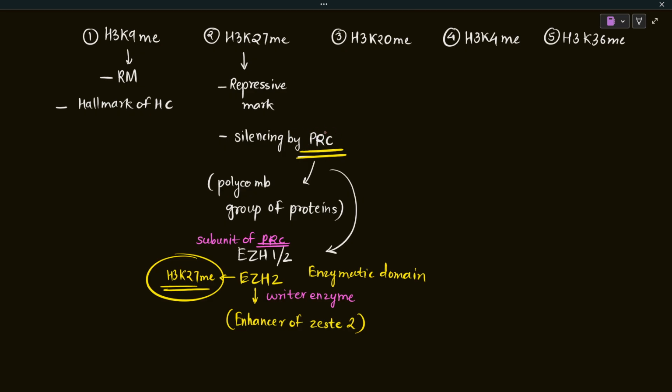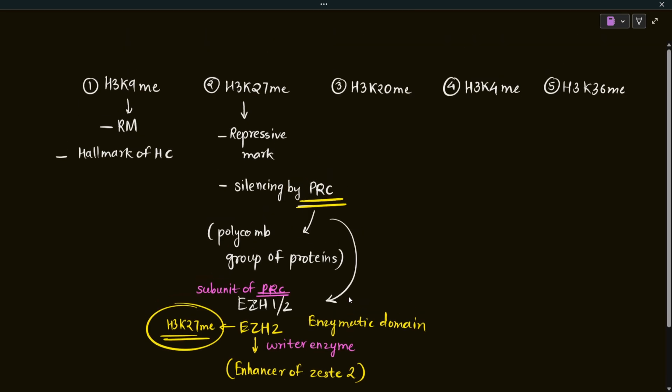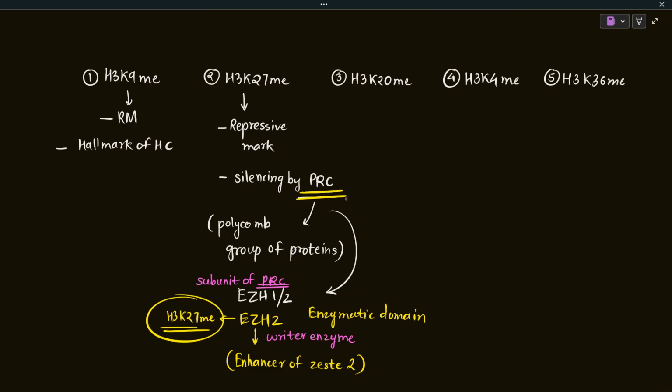In the name you can see it's a repressive complex, so it is going to do gene silencing. We will learn about the mechanism by which it does it in detail in other videos. For now, the main focus is that the EZH2 domain is the enzymatic domain which is going to add this mark.